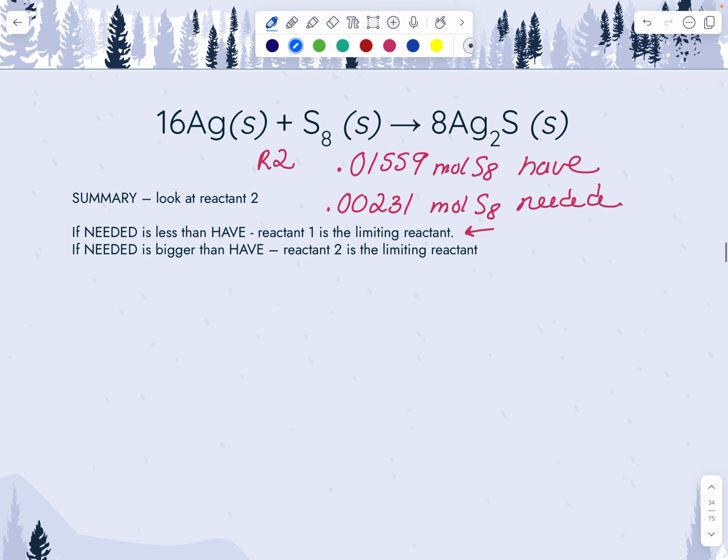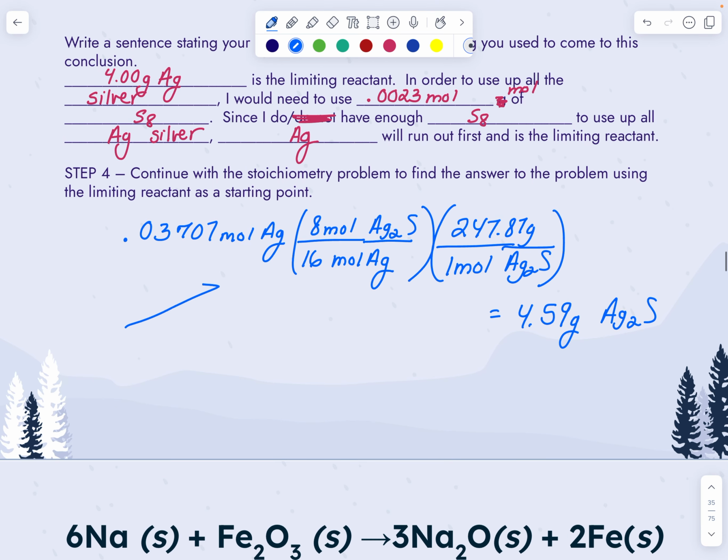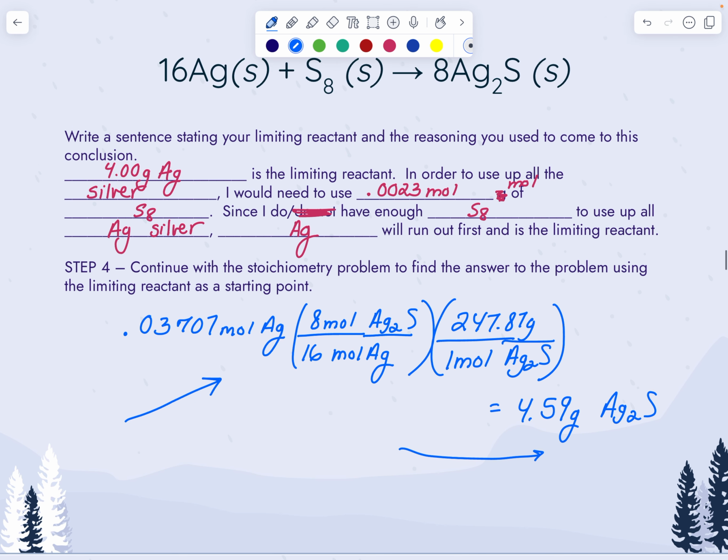And then I figured out I would only need to use 0.0023. And since I have 0.015, remember the question we're asking is, is the silver, reactant 1, the limiting reactant? And so we said, yeah, it is. So then I finished the problem by using the limiting reactant, silver, and figuring out how many grams of silver sulfide can be produced.